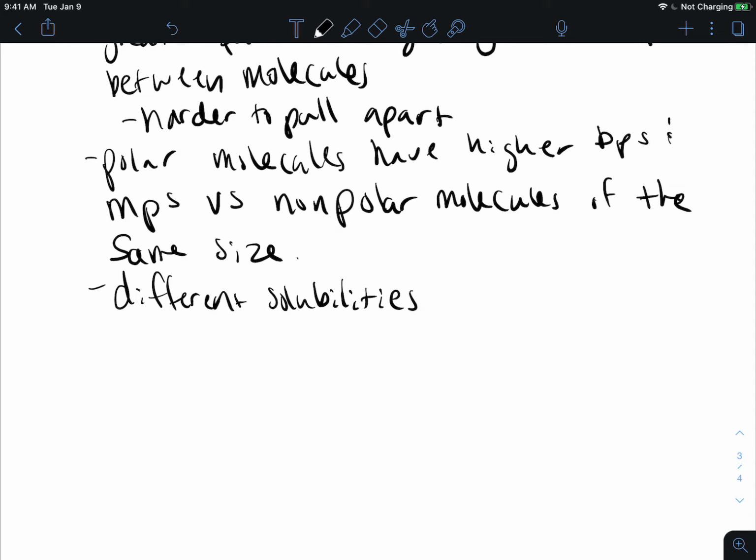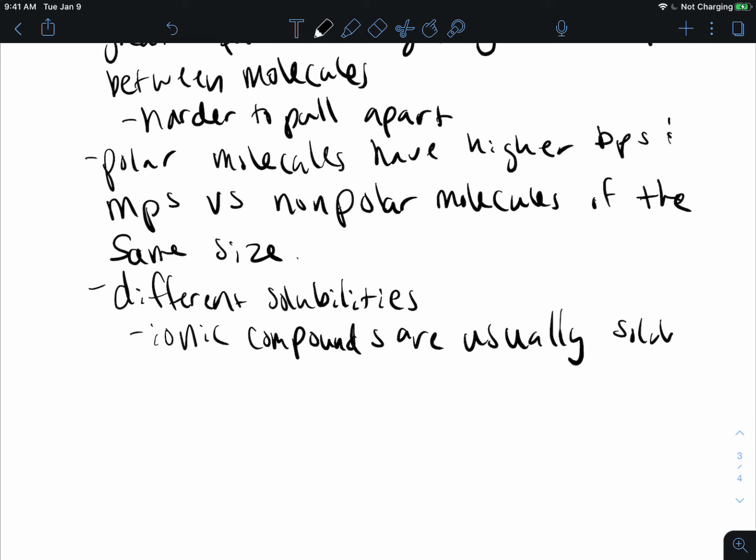Generally, ionic compounds will dissolve in water. Ionic compounds will dissolve in polar substances. We talked about exceptions to this, but that's only if the electrostatic interactions between the ions are so great that we don't pull them apart. But they're usually soluble in polar compounds.